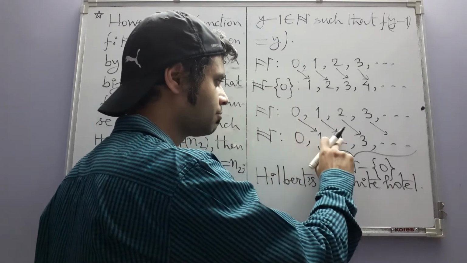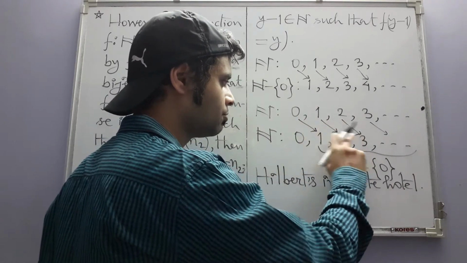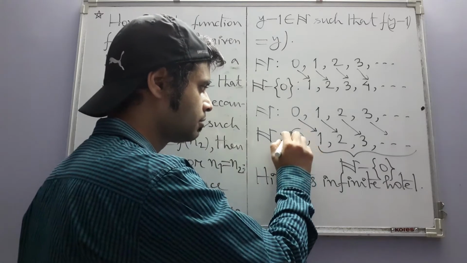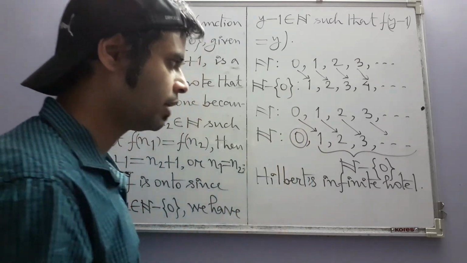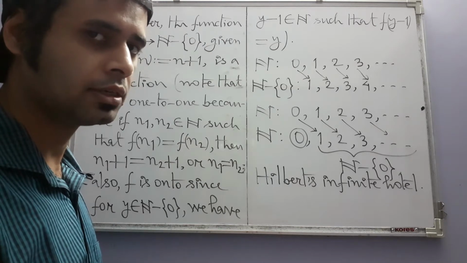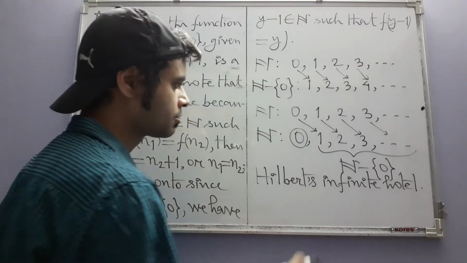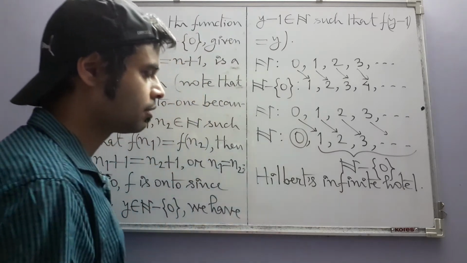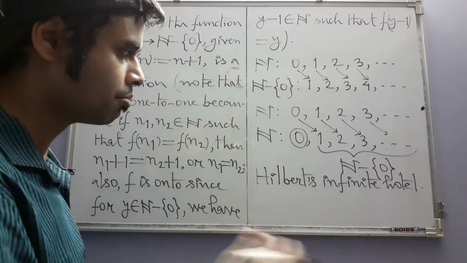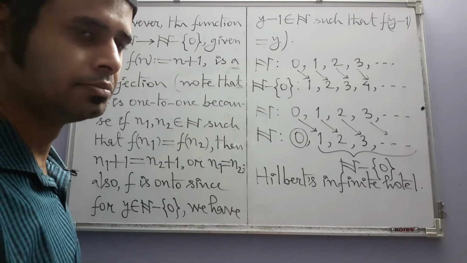The guest in 1 will go to 2. The one in 2 will go to 3, and so on. So that one room will become vacant. It can then be used by the new guest. So that is the strange nature of infinity. In spite of being full, still more rooms can be created.